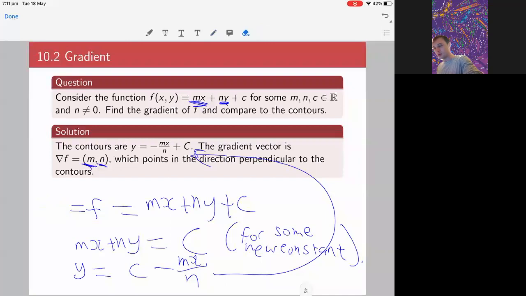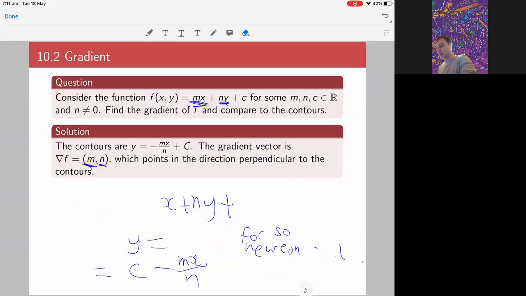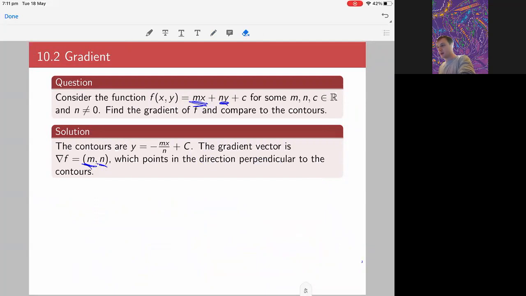Now, the important thing to observe here is that if we take the dot product of the gradient with the slope of this particular line here, what's the slope?